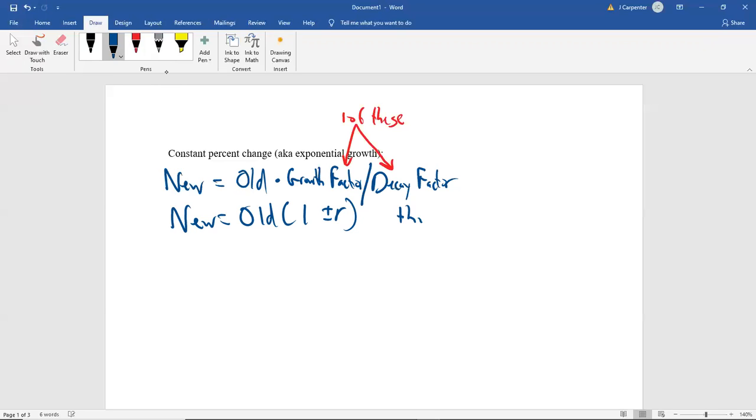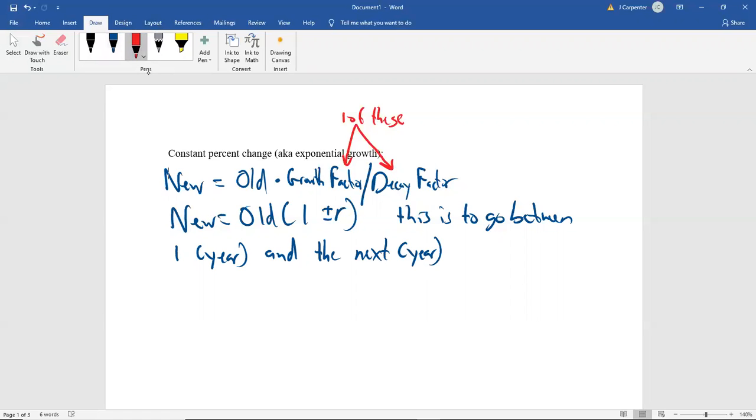So this is to go between one year and the next year. I'm putting year in parentheses because it doesn't have to be year.